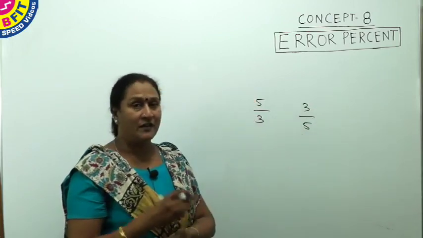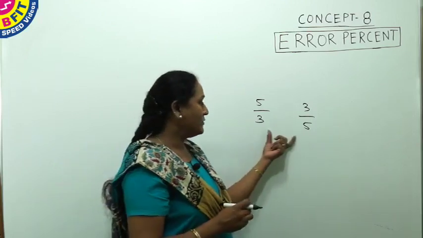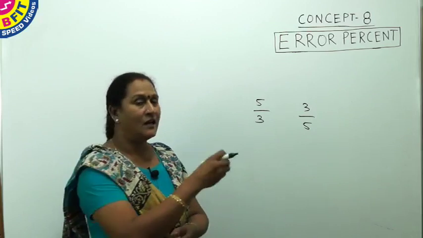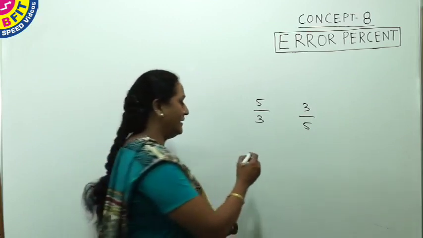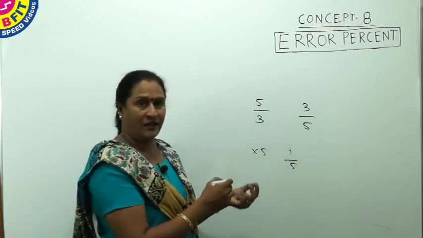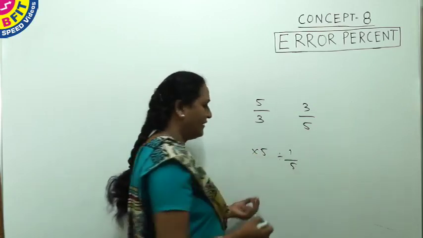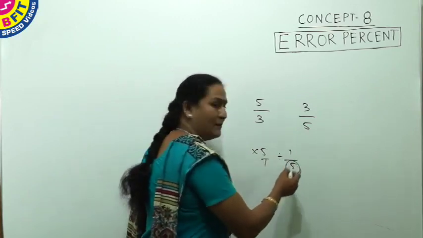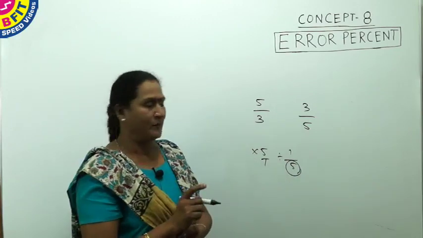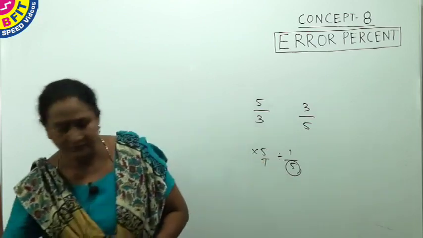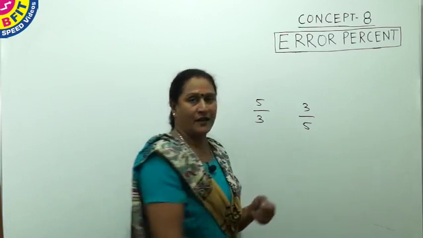For easy working, we can assume the LCM of the denominators as the assumed number. In the earlier question, we had an integer and a fraction, multiplying it with 5 and dividing it with 5. We had only one number in the denominator, so we assumed the number as 5. Here we have two fractions.